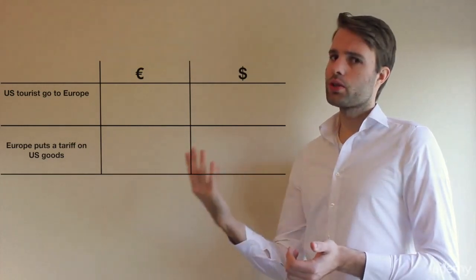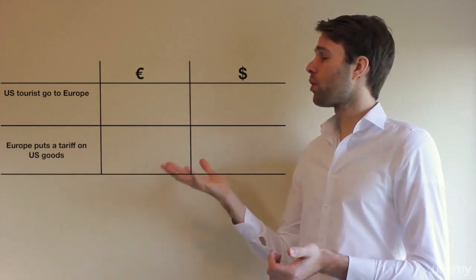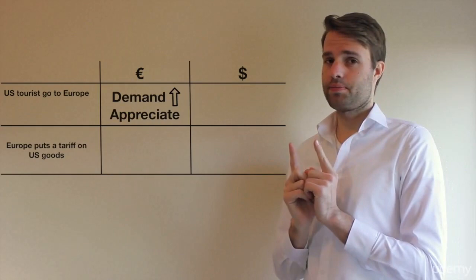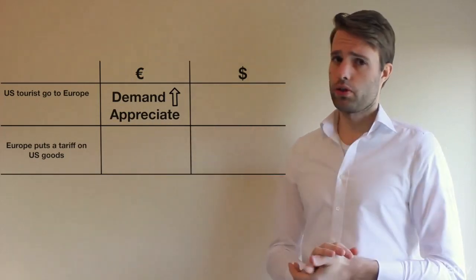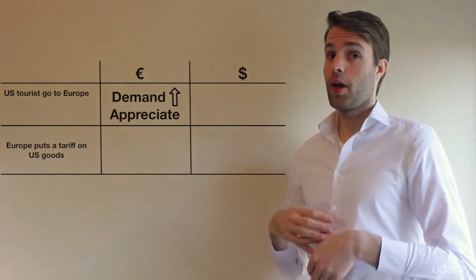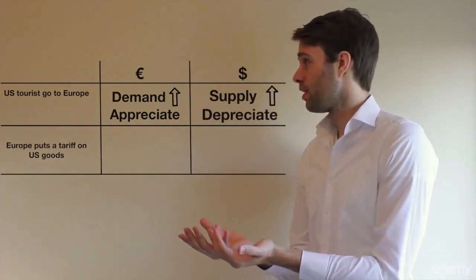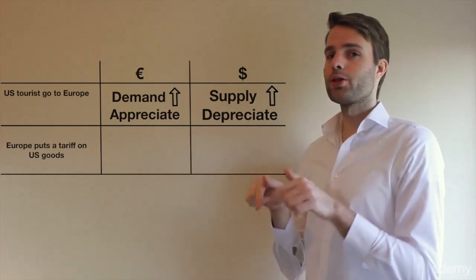Well, when US tourists come over, they are demanding euros. So demand will go up. And we know when demand goes up, the currency will appreciate. What happens to the US dollar when US tourists come over? They are supplying US dollars to buy the euros. So the supply for the US dollar goes up. And when supply goes up, a currency depreciates.